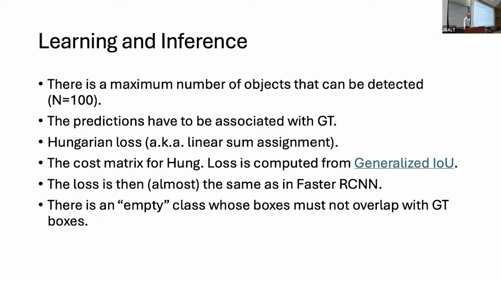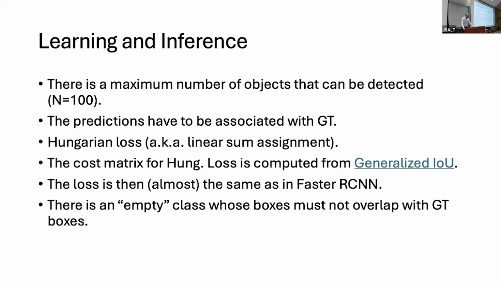And there is the question, since I have my 100 hypotheses of where I can detect the object, how should I build my loss? So they are using the Hungarian loss. It's the Hungarian algorithm, aka linear sum assignment from SciPy. We just find the lowest cost of assigning something to something else.